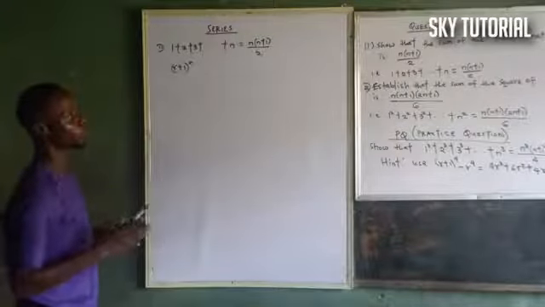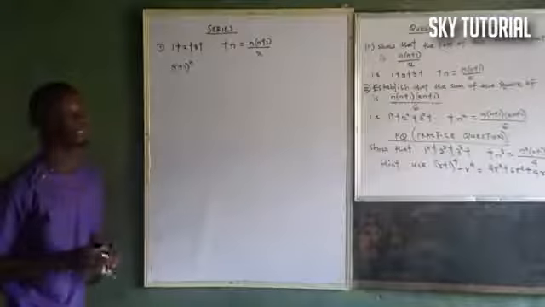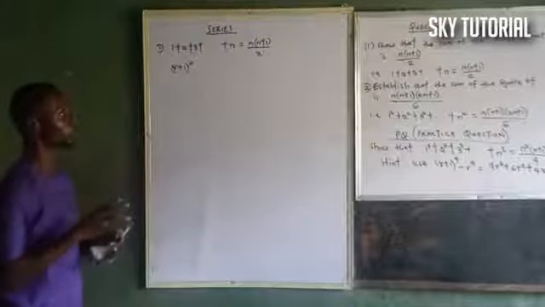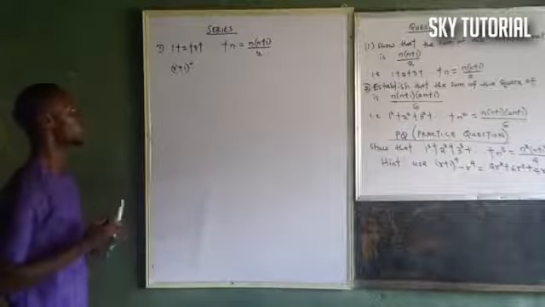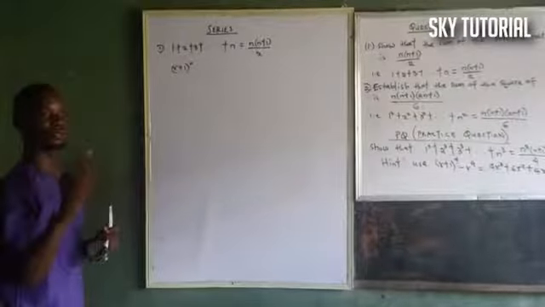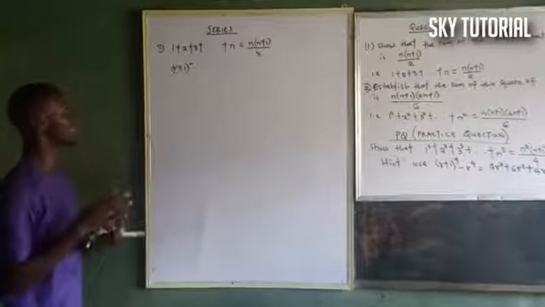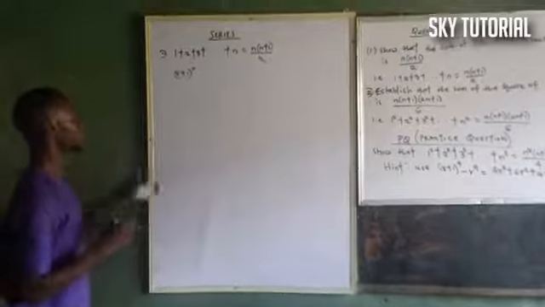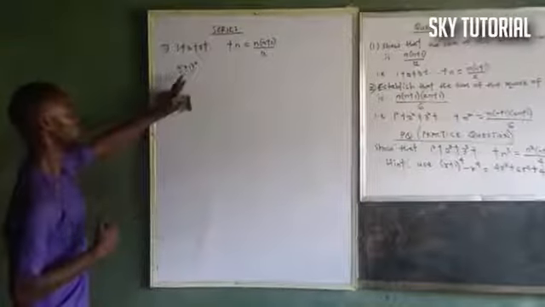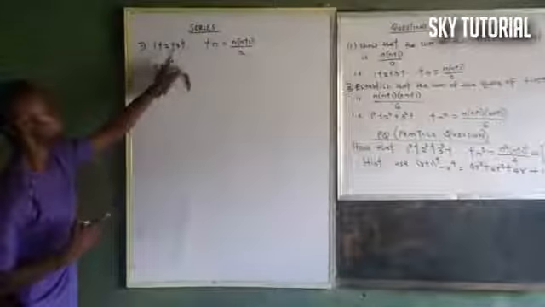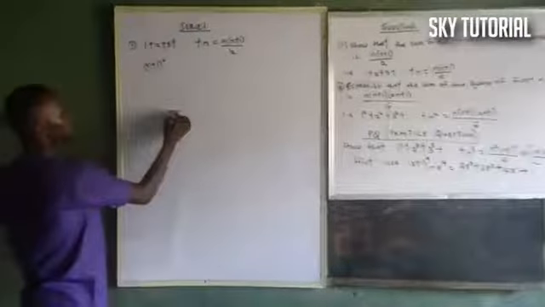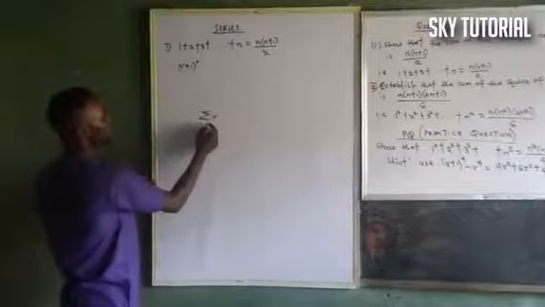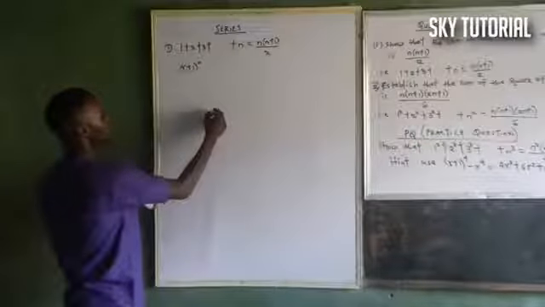We want to look at the sum of the first n natural numbers, and for these numbers the power is 1. So we'll consider when the power is 2 for r plus 1. This summation simply represents summation of r from r equals 1 to n.